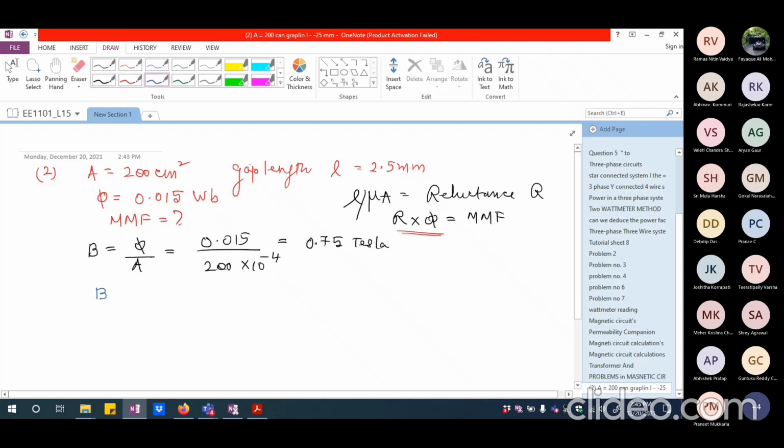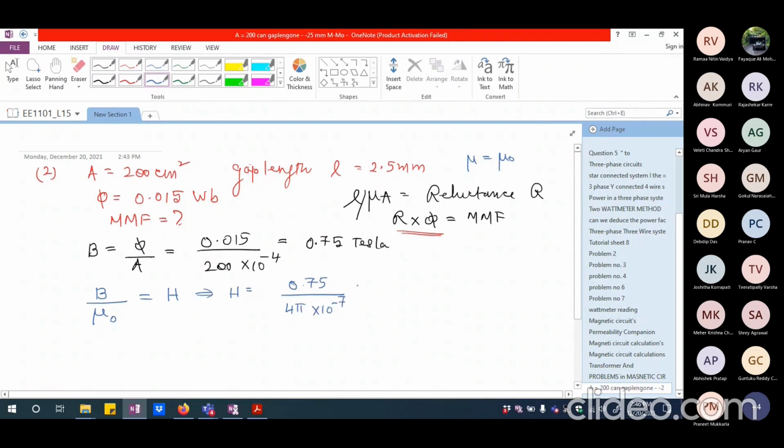And you can write H equal to B divided by mu. In this particular case, mu is equal to mu naught because it is an air gap. So I can write H is equal to 0.75 divided by 4 pi into 10 power minus 7.